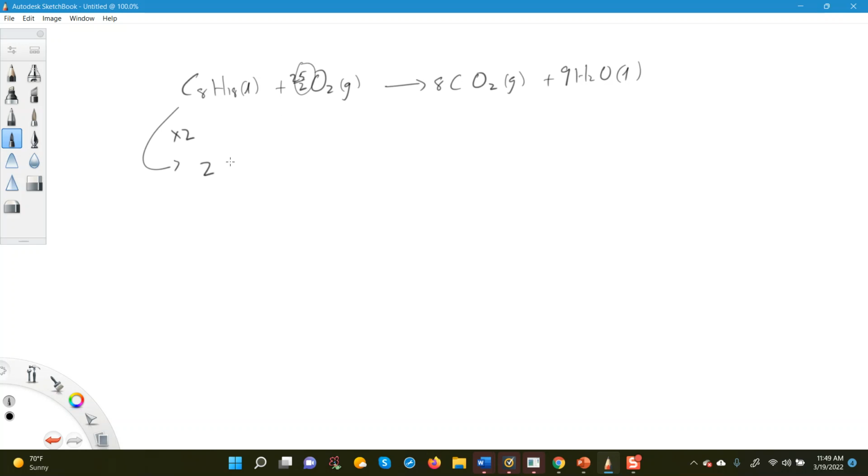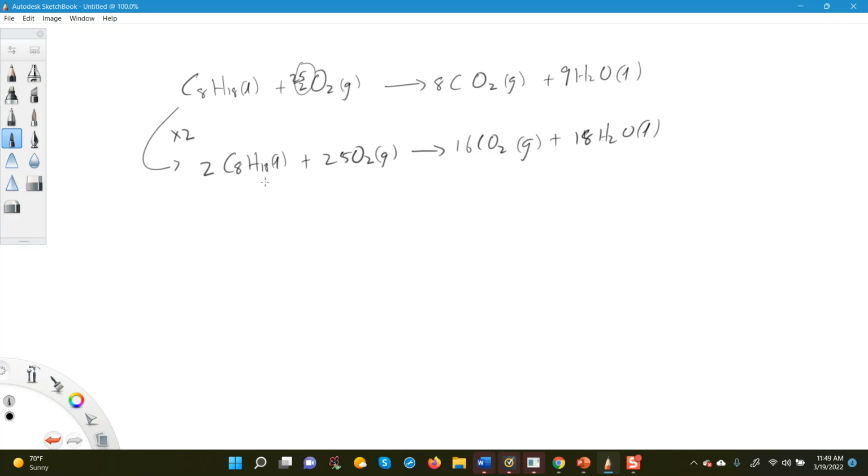So this becomes 2 times C8H18 liquid plus 25 O2 gas to give 16 CO2 gas plus 18 H2O liquid. So that would be the balanced equation.